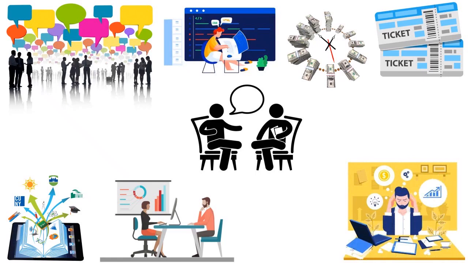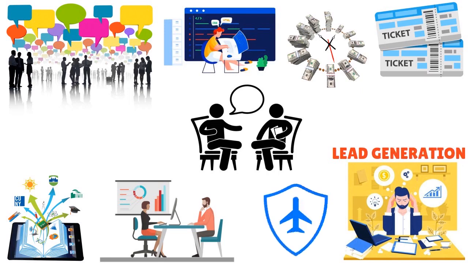In comparison, automated or evergreen webinars are ideal for lead generation and selling low and mid-ticket digital products and online courses on autopilot. That's a keyword, autopilot. Evergreen webinars address the most common questions of your audience and allow you to provide them with an engaging webinar experience without dedicating your time.